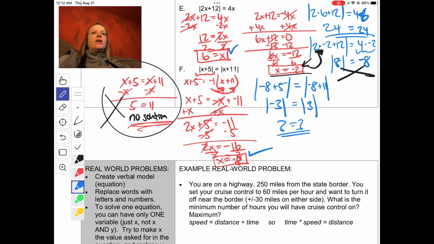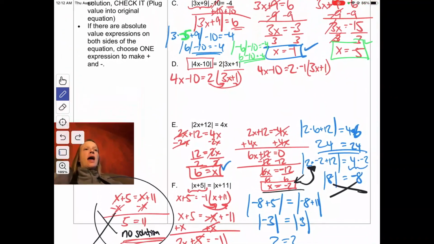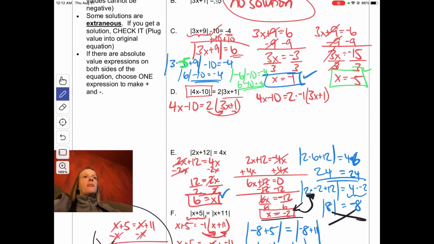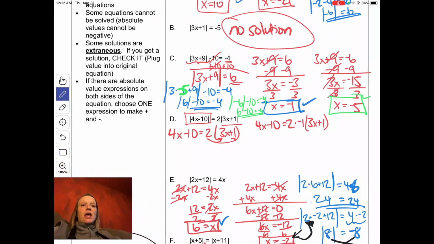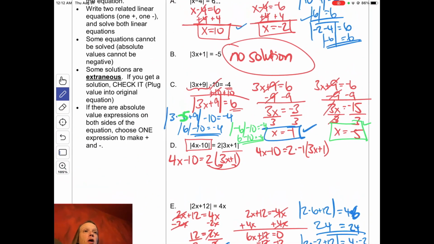One thing I'd like you to notice about these problems that we've done is that you are more likely to get an extraneous solution when you have x in more than one location in your problem.